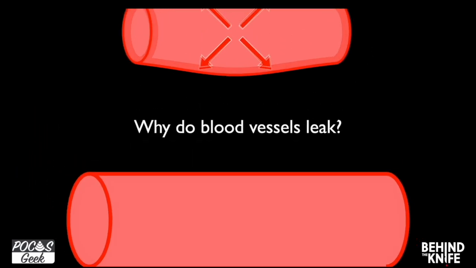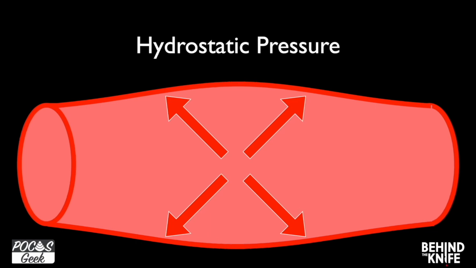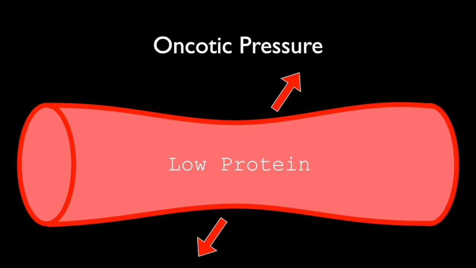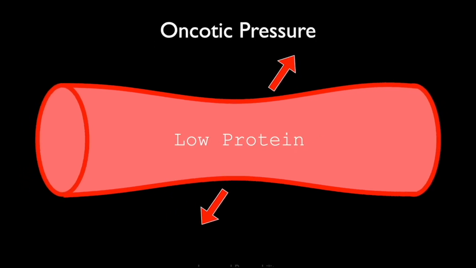First, we have hydrostatic pressure, just simply that the pressure inside the vessels is higher than the pressure on the outside of the vessels, and that therefore lets fluid leak from inside the vessel to out. Additionally, we have oncotic pressure, where in low protein states, the protein inside the vessel is lower, and therefore it creates a gradient, and the fluid will leak out to equilibrate that concentration, and is one of the reasons we lose fluid from the vessel.